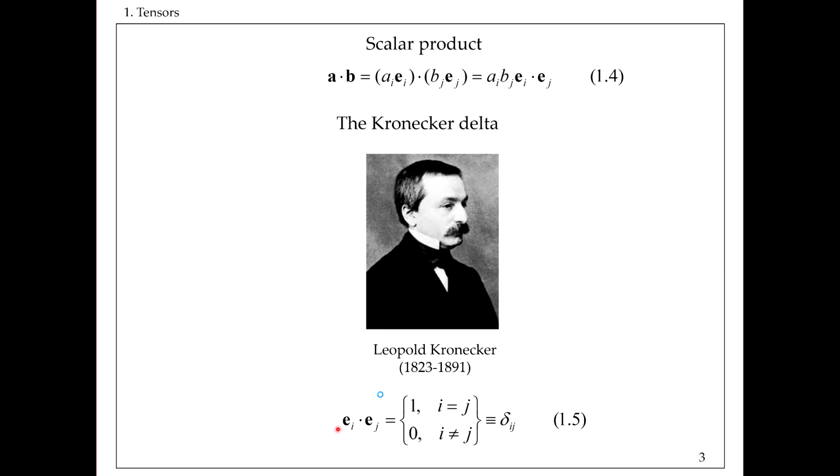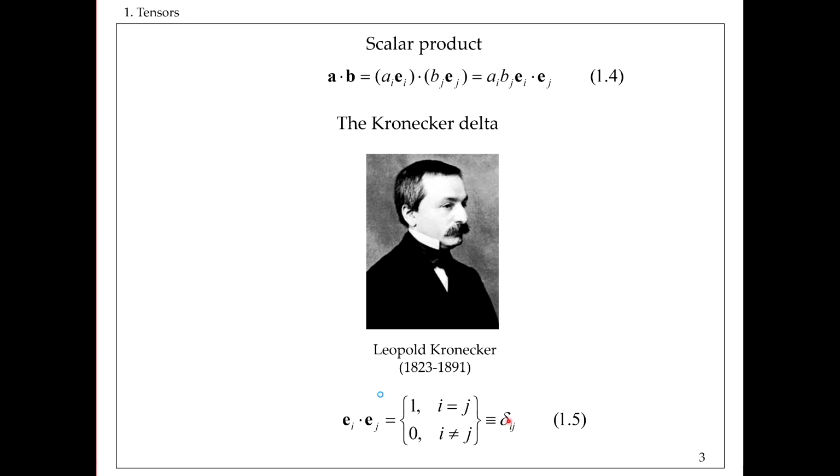To write that more compactly, we choose this symbol, called the Kronecker delta, named after Leopold Kronecker, another scientist that worked a lot in the area, and call it delta_ij.